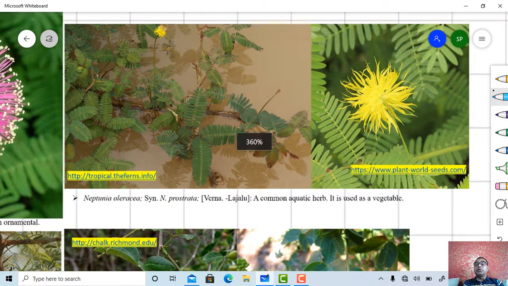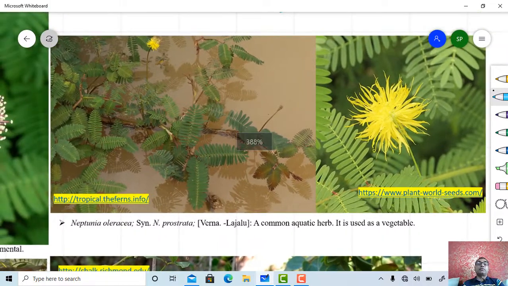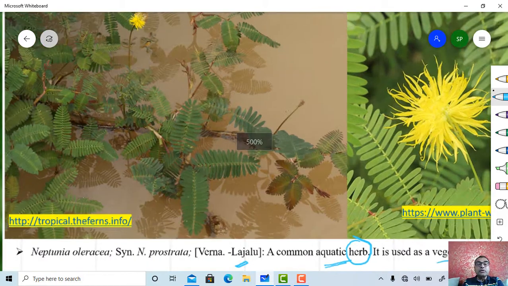This is one of the aquatic plants present in family Mimosaceae. So the vernacular name is Lajalu, but this one is an aquatic herb and it is used as a vegetable. Just see the nature, even though it is mentioned here as a herb, this one looks somewhat woody in habit.